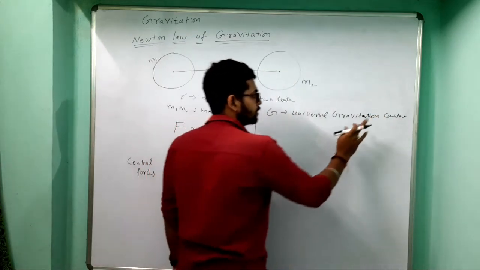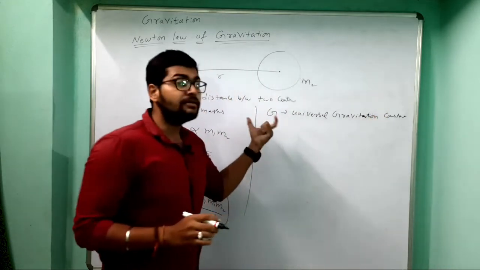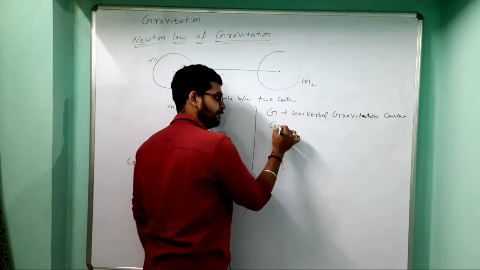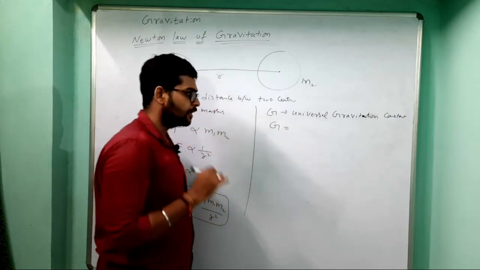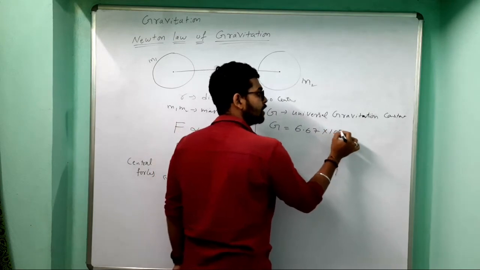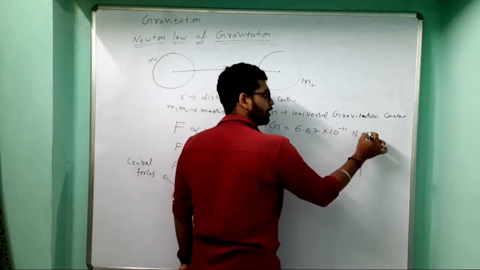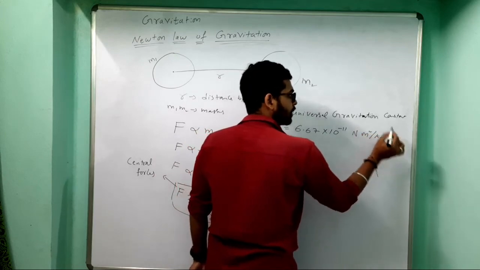Its value is fixed: G is equal to 6.67 into 10 to the power of minus 11 Newton meter square by kg square.